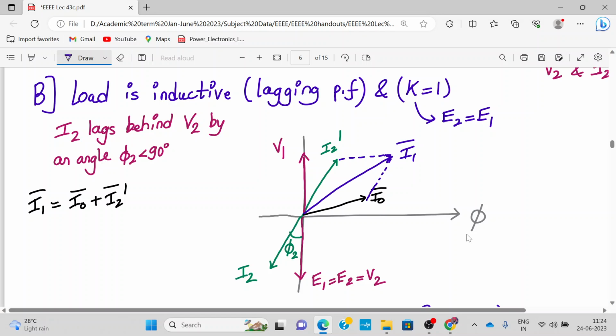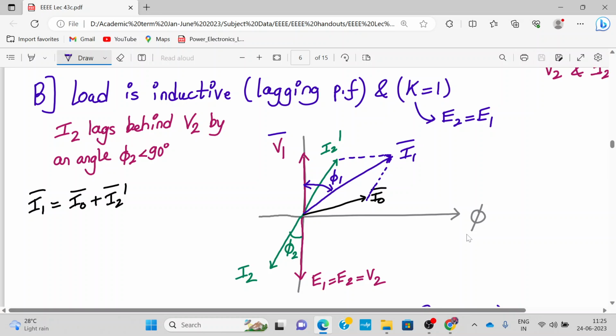Phase angle phi 1 will be between I1 bar and V1 bar. So what was the difference between the previous diagram and this diagram? There, I2 and V2 were in phase, and here we have a phase difference because I2 lags behind the voltage V2 by an angle less than 90 degrees. So this is the phasor diagram when the load is inductive.